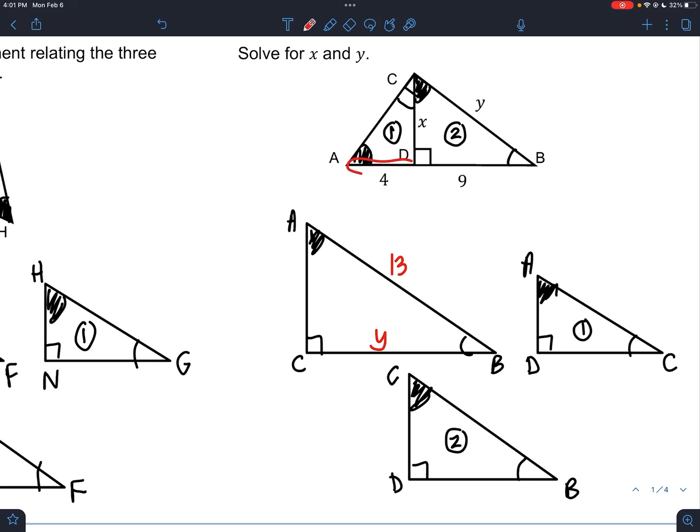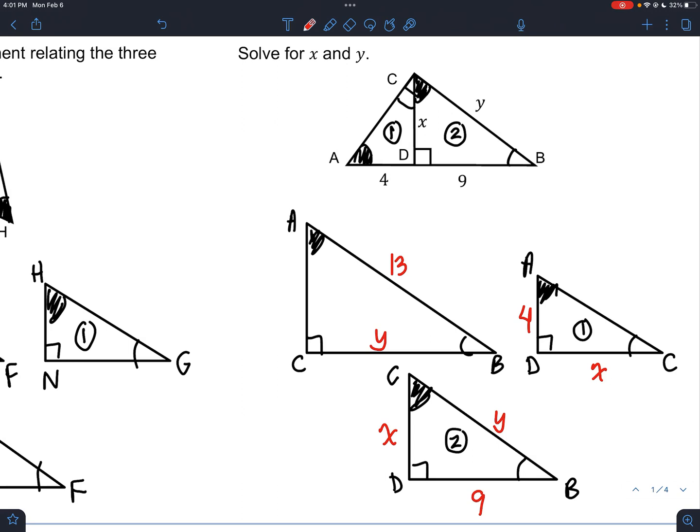For triangle number 1, the smallest one, between the right angle and the black angle is 4. Between D and C is X, and we don't know AC. And then for the middle triangle, triangle 2, between C and D is X, between D and B is 9, and the hypotenuse is Y.